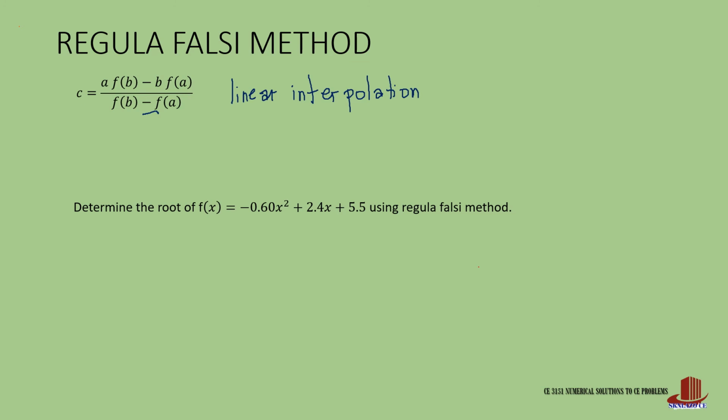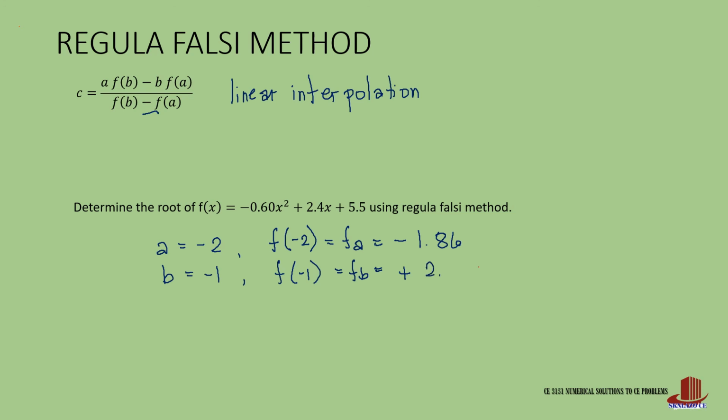By computing the same example as bisection method earlier, we recall that with a equal to negative 2, our f of a came out as negative 1.86. b was taken as negative 1, and f of b is positive 2.42.